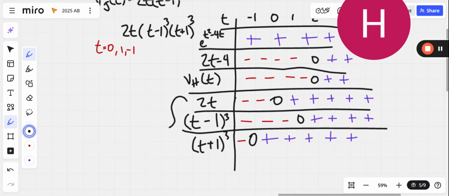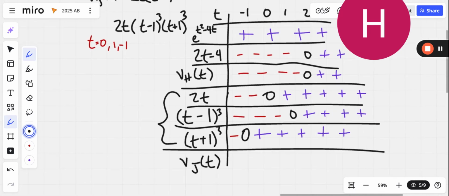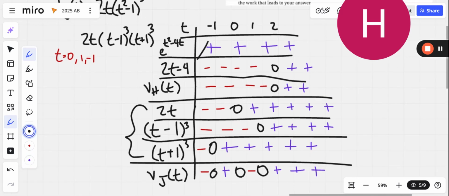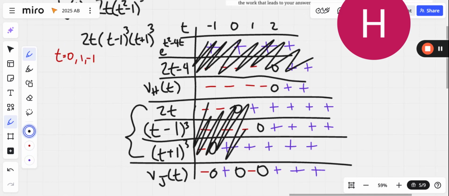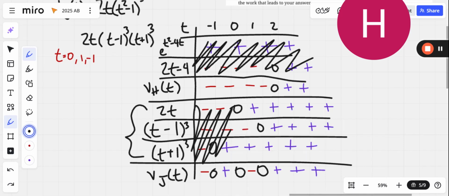Now, if we take these three into account, altogether we get VJ of t. So we end up with 0, 0, 0, negative, positive, negative, positive. Here's the kicker. We don't really need these rows anymore. We're just comparing the velocities at this point.